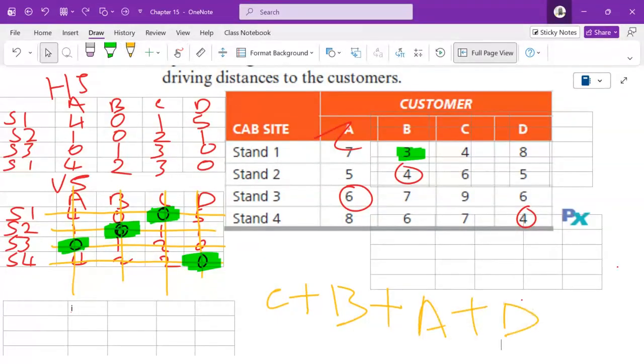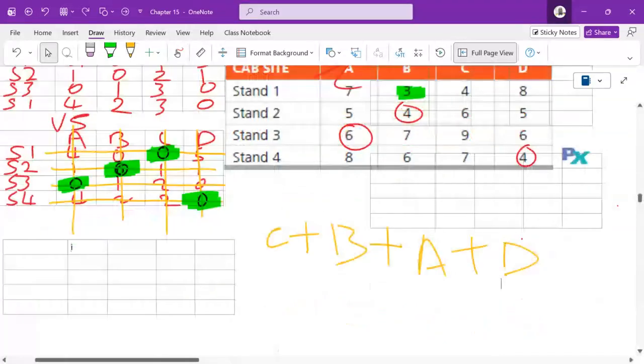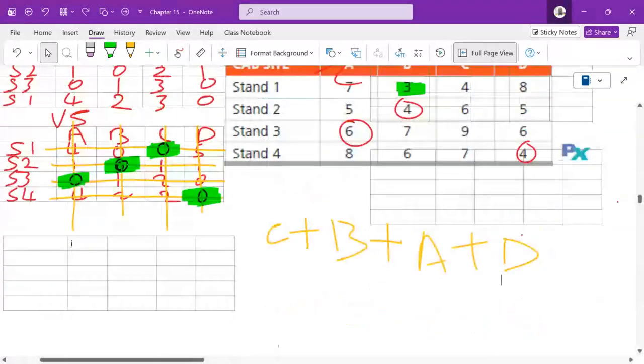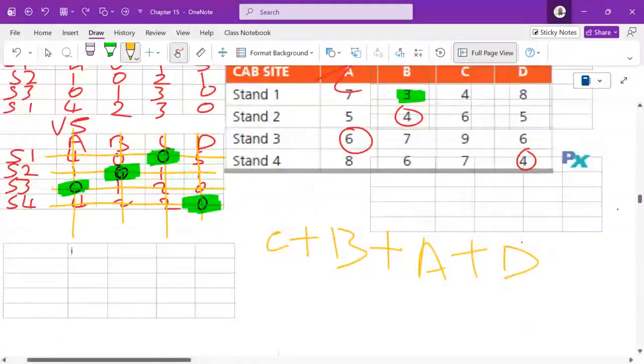Then we need to take the original numbers and add them. Numbers at S1 and C were 4. 4 plus, we go to S2 and B plus 4. Plus, we go to S3 plus A, which is 6.